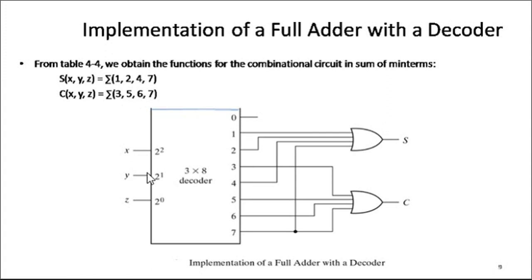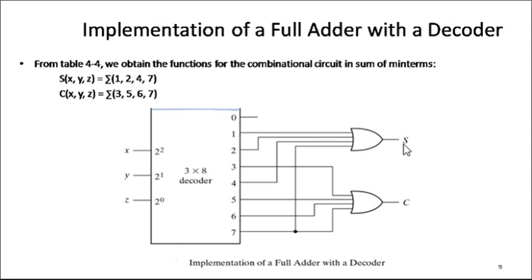Then after writing x, y, z, what do we have to do? 1, 2, 4 and 7, see this line, all are combined and connected as input to the OR gate.